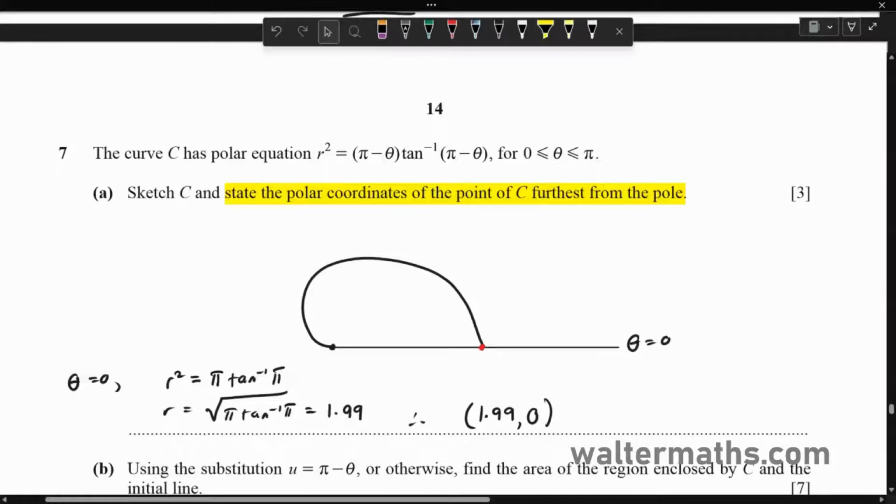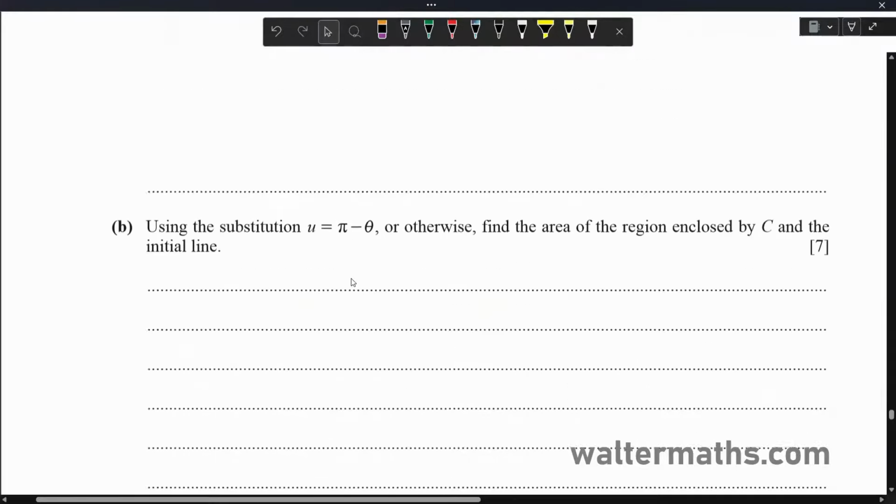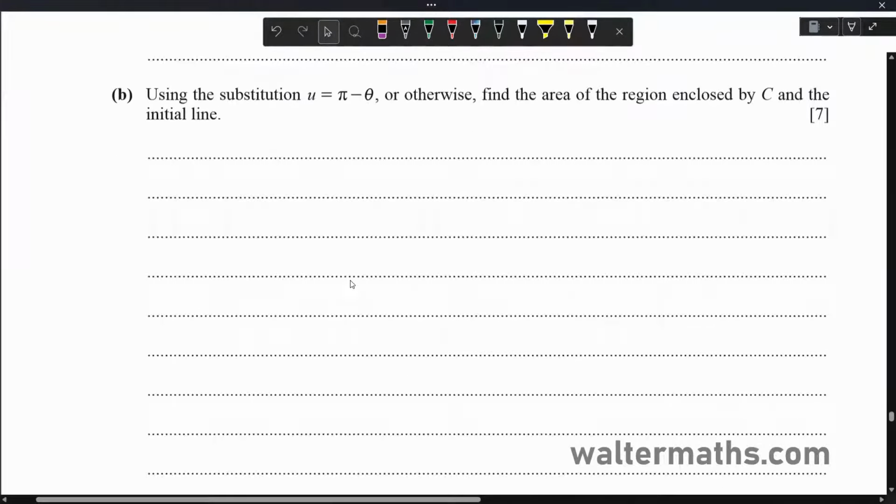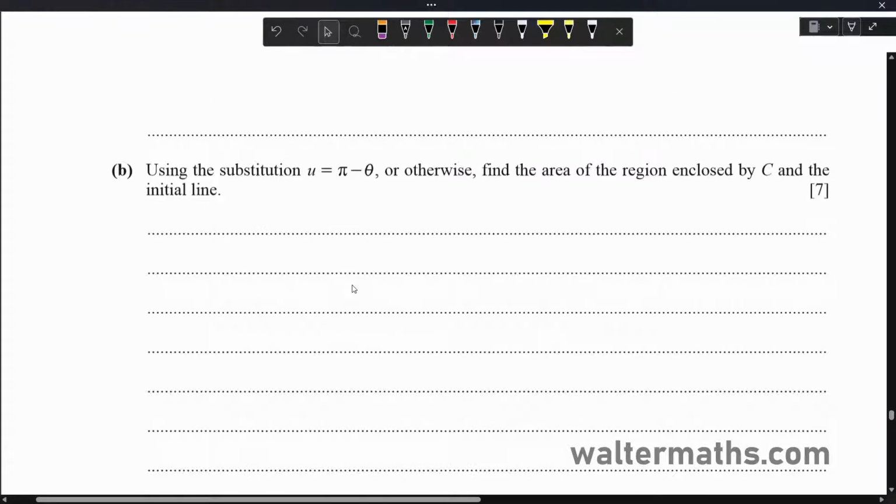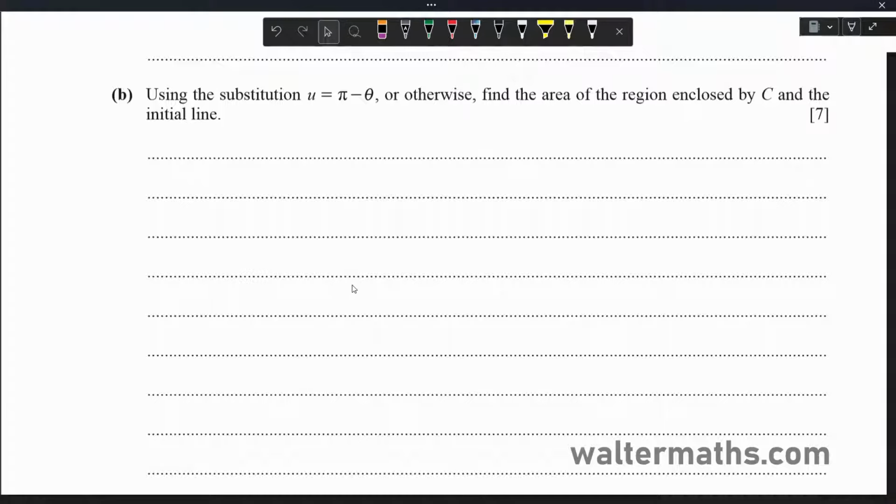Let's move on to part B now. So on part B, they say using the substitution u is equal to pi minus theta, or otherwise, find the area of the region enclosed by C and the initial line. So let's work this problem out. We are going to consider this substitution, right?